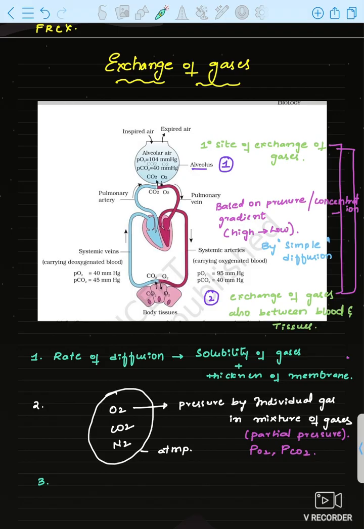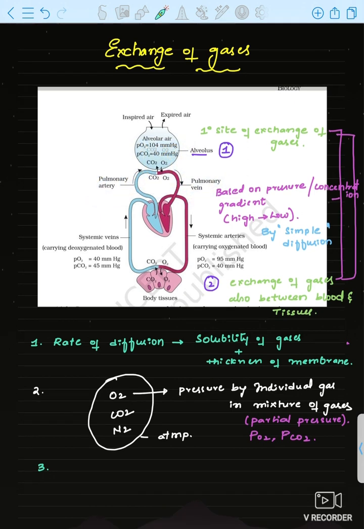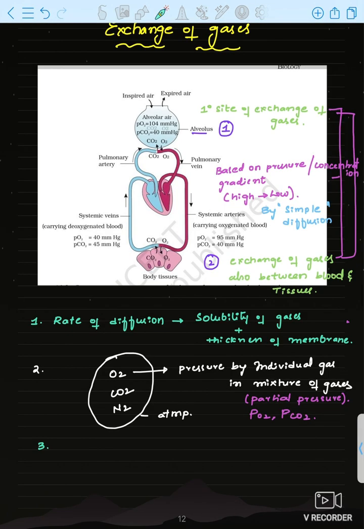Okay, and then it goes near the heart, and then it goes near the pulmonary artery. It transports the CO2 rich blood, and in the alveoli O2 will be more. So CO2 will go into the alveoli, O2 will come into the pulmonary vein. So this is the process of exchange of gases.